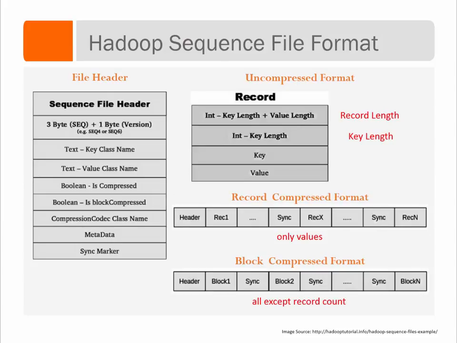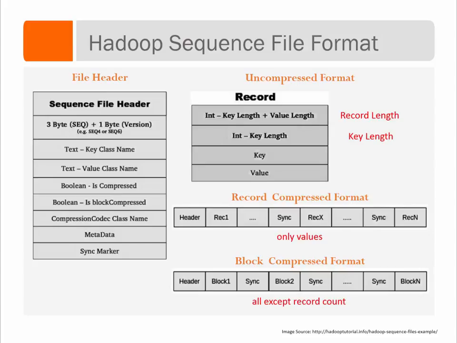So the file header, we have basically the sequence file that defines what we have. So we basically have the sequence and then the version.